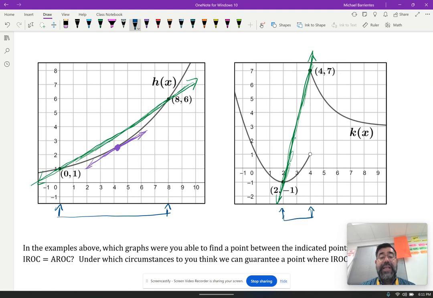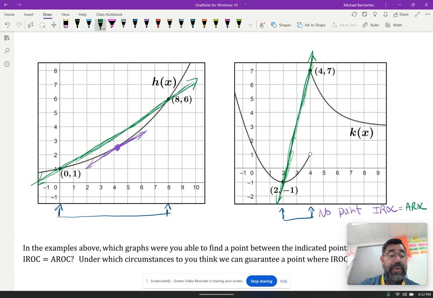Is there a point somewhere between x equals 2 and x equals 4 where the slope is the same as the slope of the green line? But all of these slopes are over here, and they don't have the same slant as that one. That one's really, really steep. So in this case, I can't find a point. There is no point where the IROC, the instantaneous rate of change, equals the AROC.